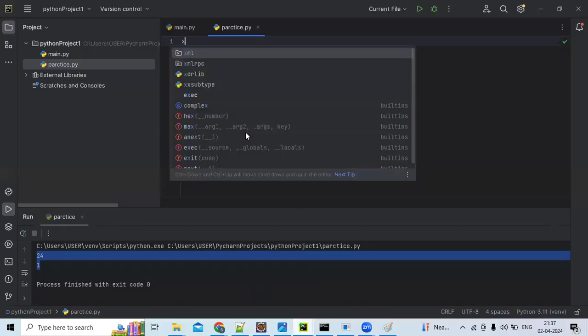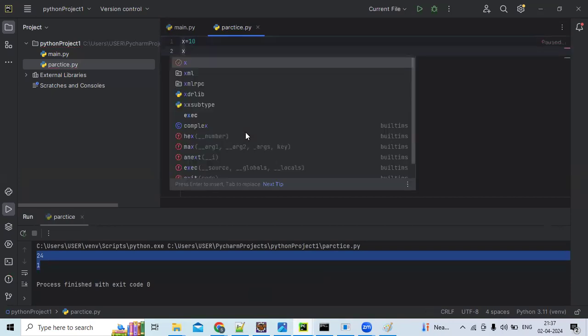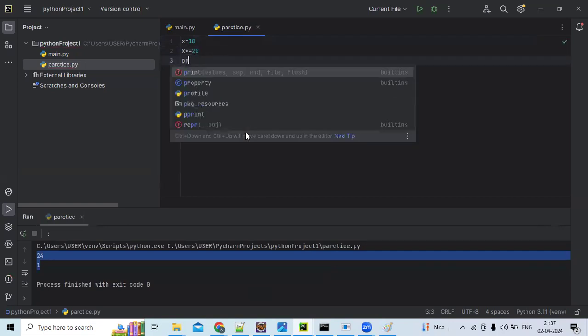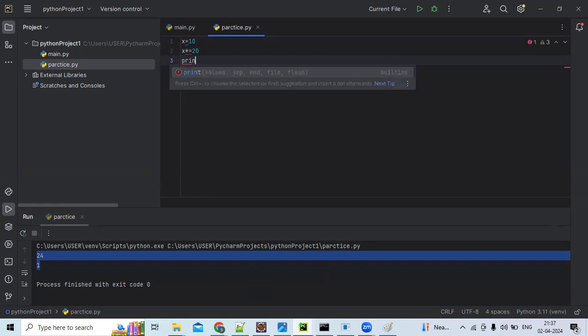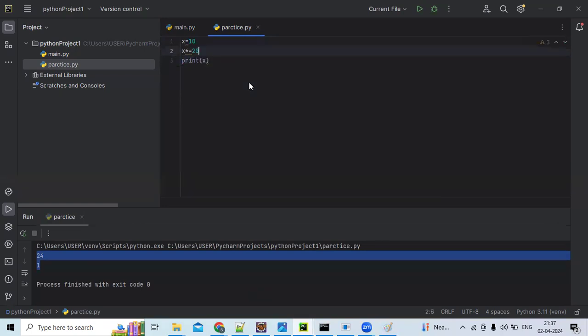Let us try this. Guys, what is the value of x here? 30.